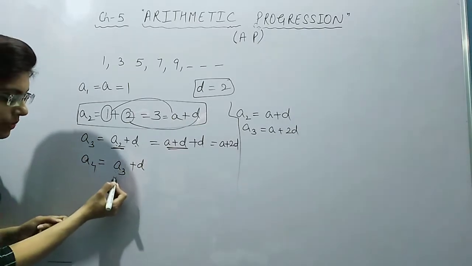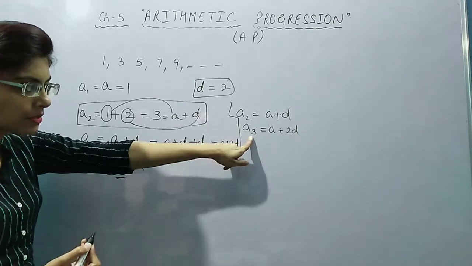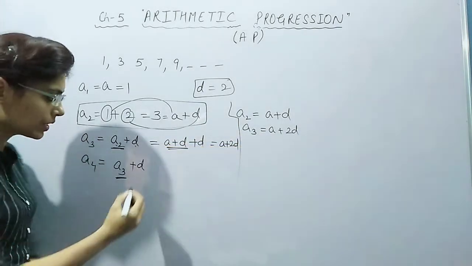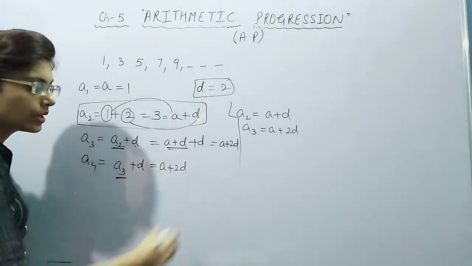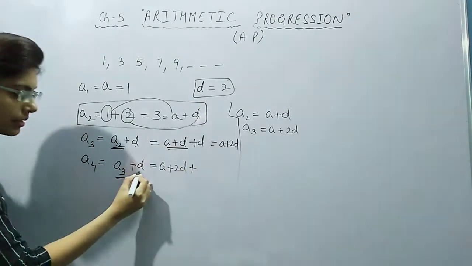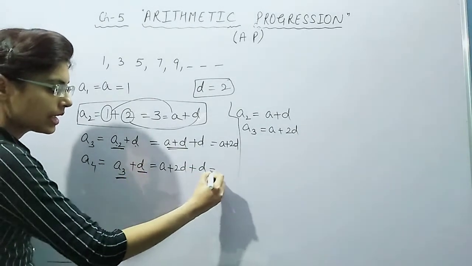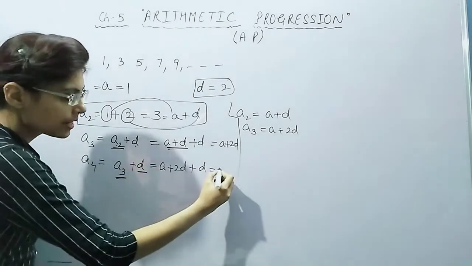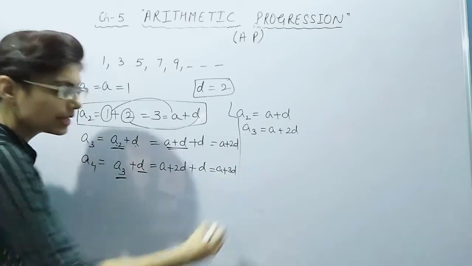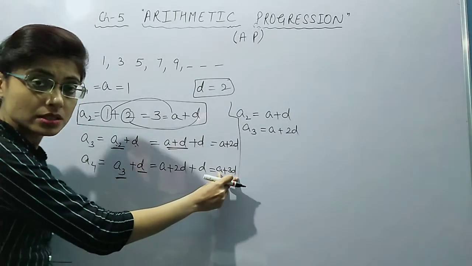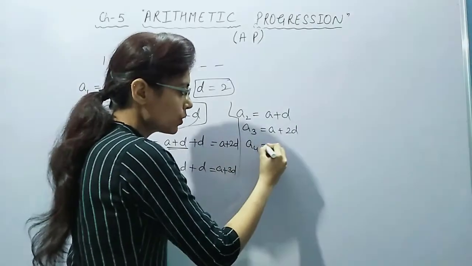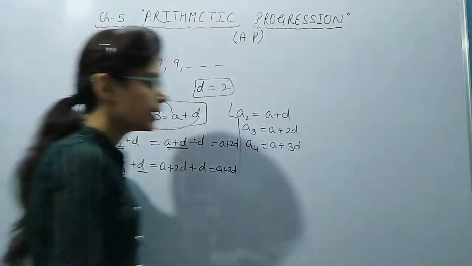The value of a3 is a plus 2d. So in place of a3, I am writing a plus 2d plus this d as it is. Solving these, we get a plus 3d. So a4 is equal to a plus 3d.